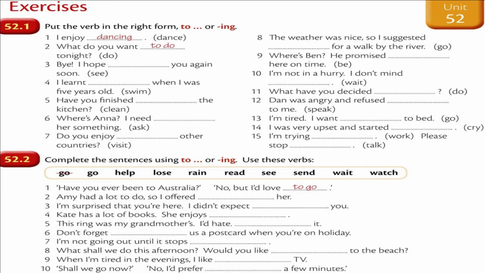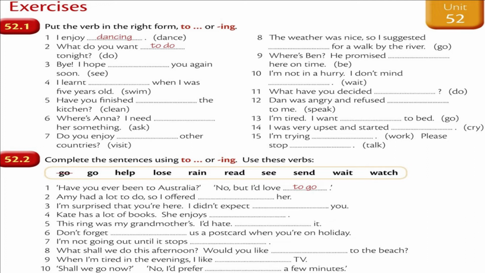Number 9. Where is Ben? He promised to be here on time. Number 10. I'm not in a hurry. I don't mind waiting. Number 11. What have you decided to do? Number 12. Dan was angry and refused to speak to me.